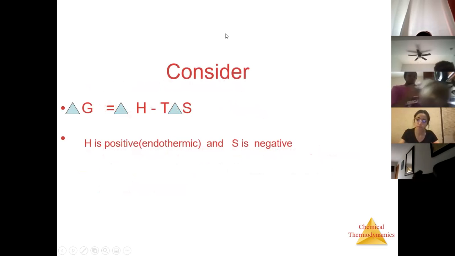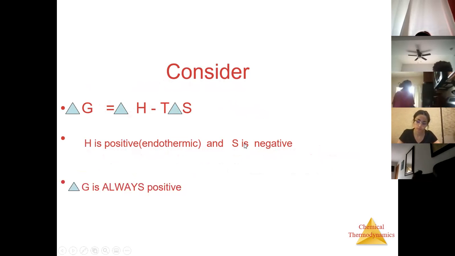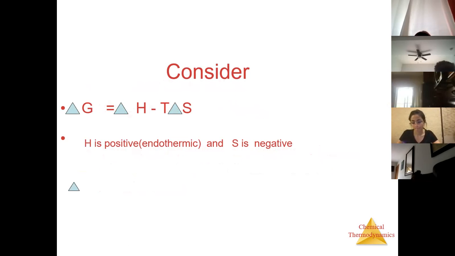I have a positive endothermic reaction and my S is negative. So Ethan, what is the sign for my delta G going to be then? It's going to be positive.